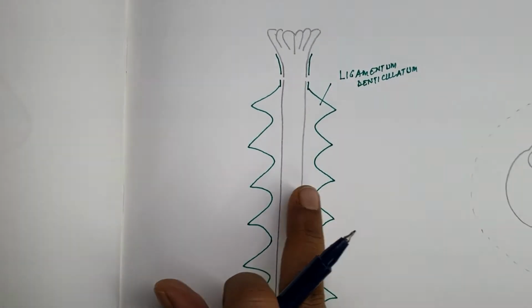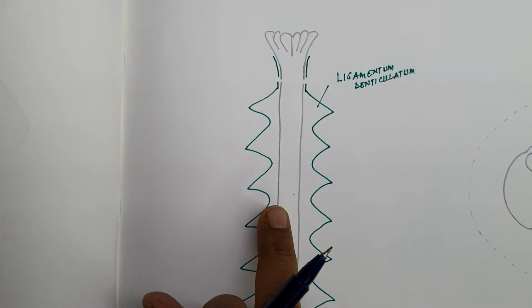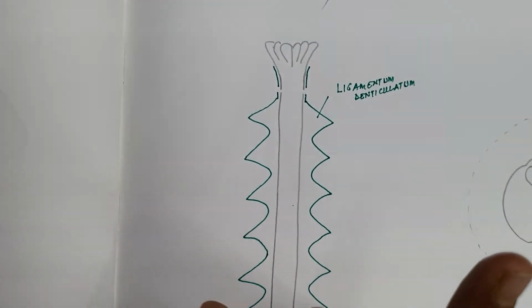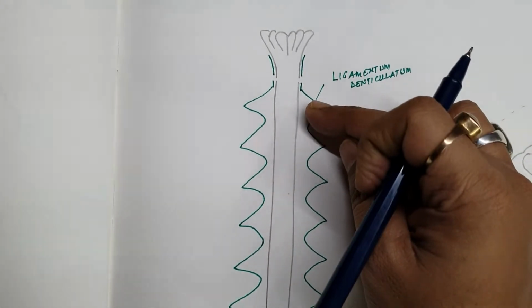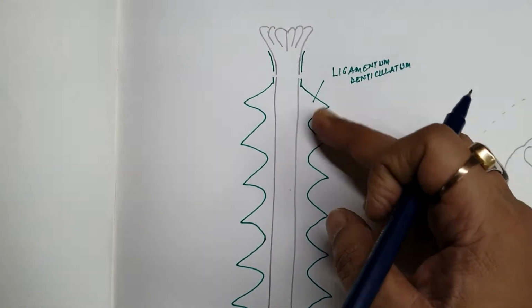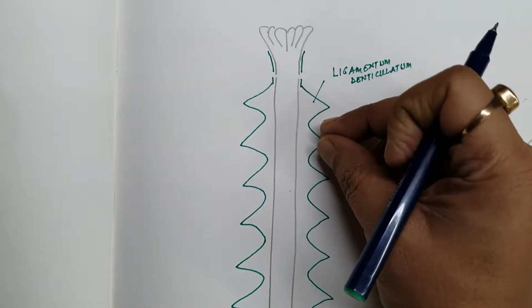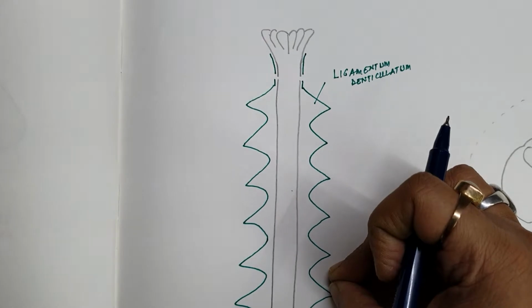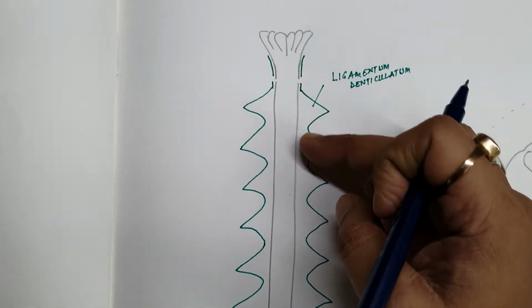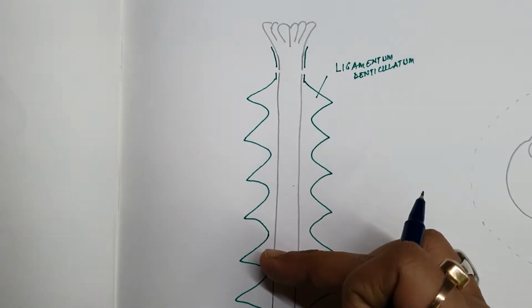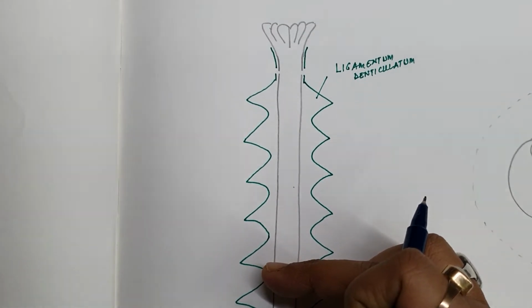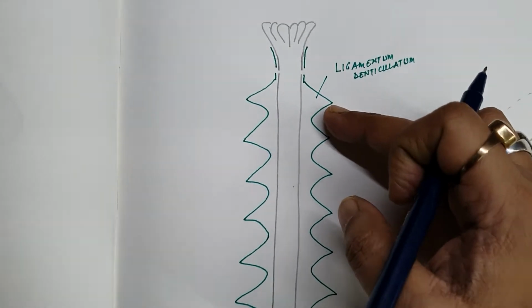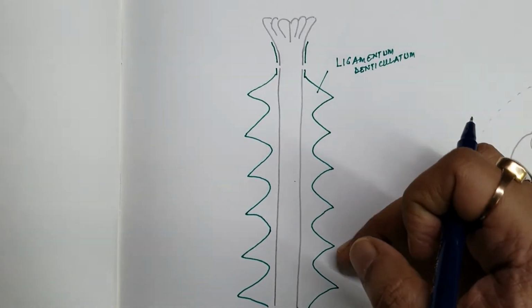So pia has one pair of ligamentum denticulatum, one on each side, and every sheet of ligamentum denticulatum has 21 tooth-like projections. Mind it, pia has two sheets of ligamentum denticulatum on both sides, and on each sheet there are 21 tooth-like projections.